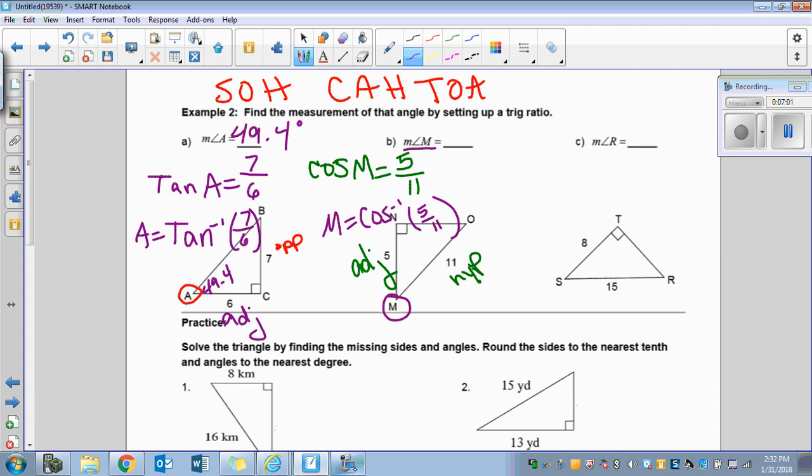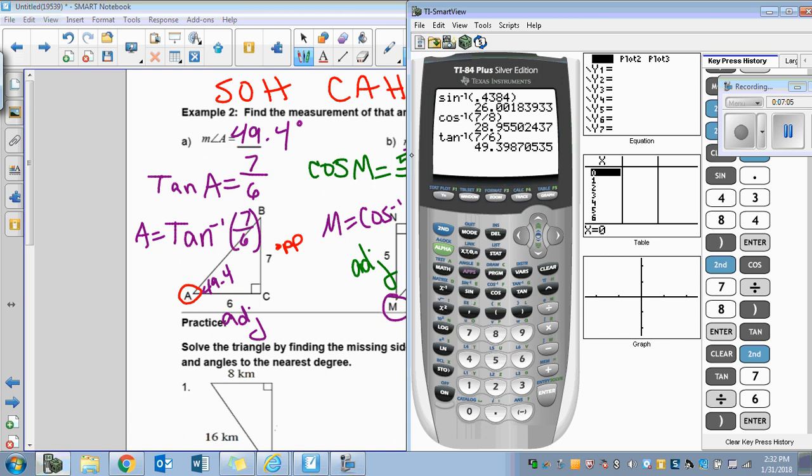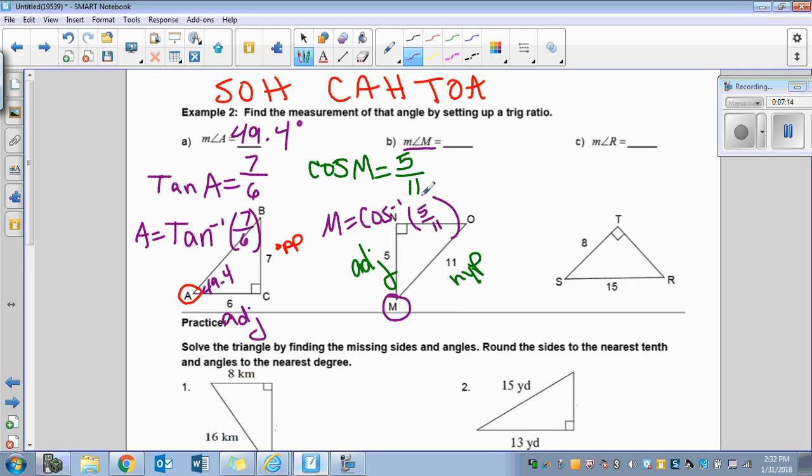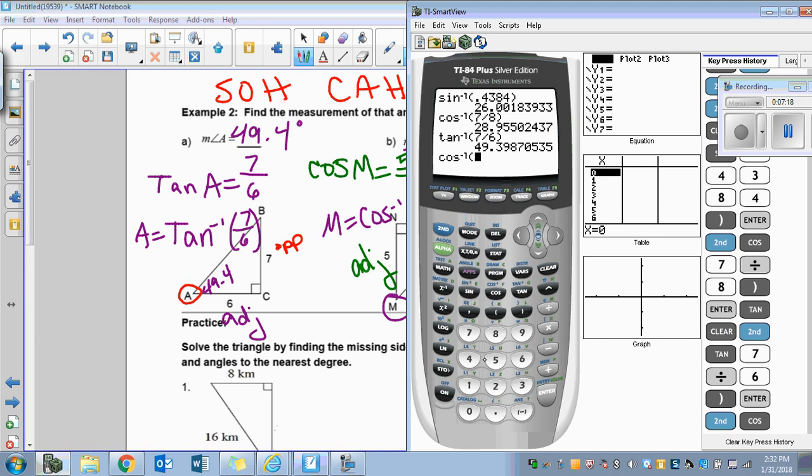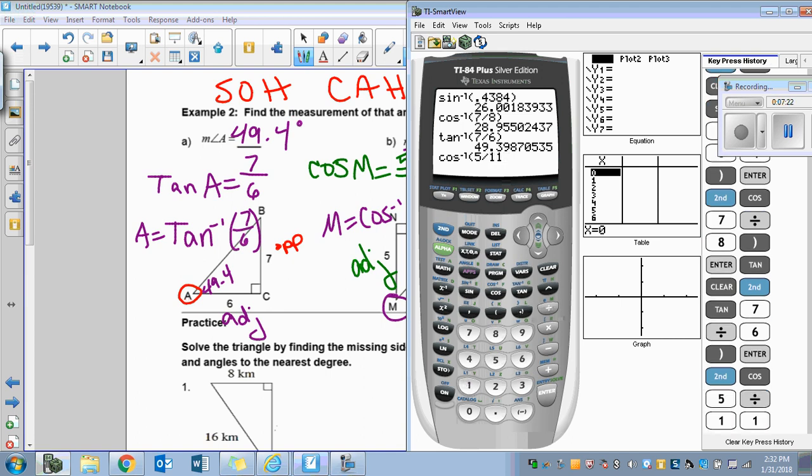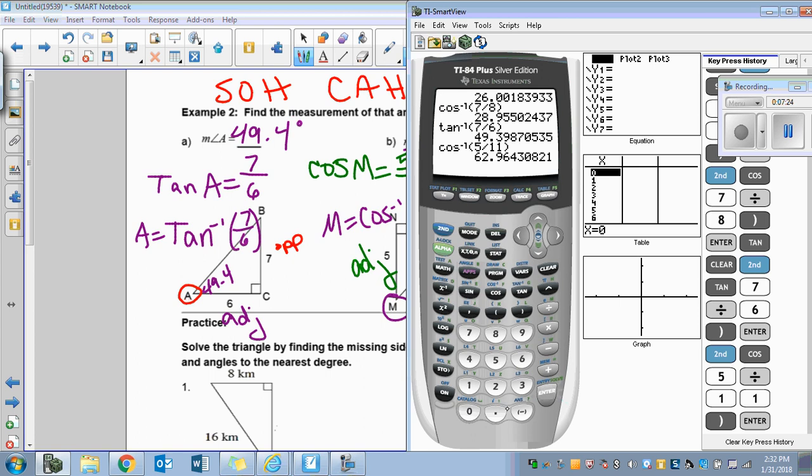So I'm going to use cosine inverse, which is second cosine, and then my ratio is 5 divided by 11. So I'm going to plug in 5 divided by 11. What angle is that? What is my degrees?